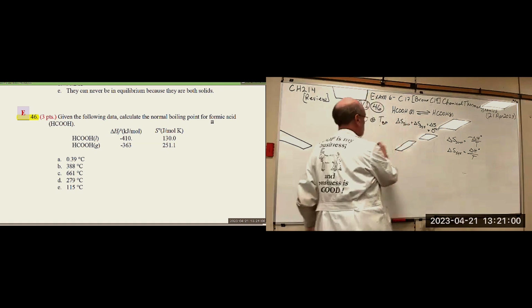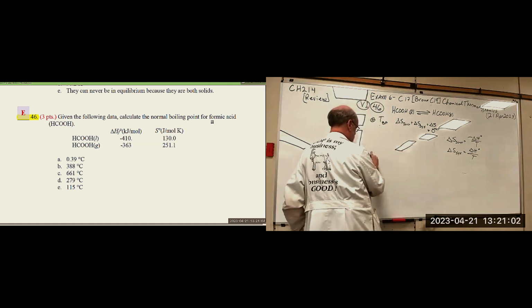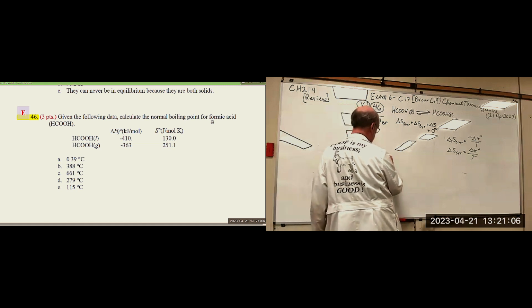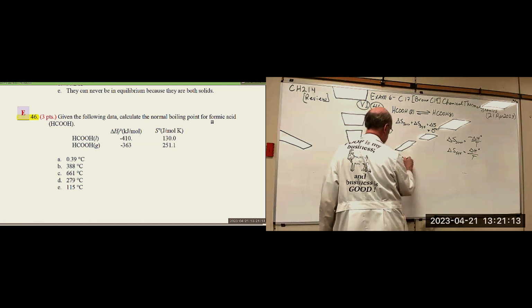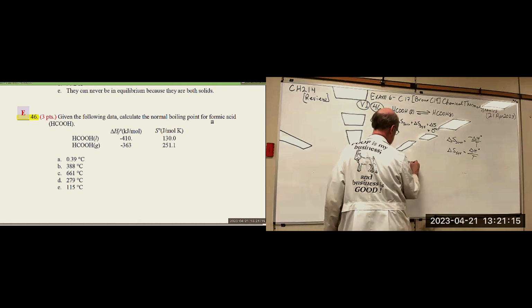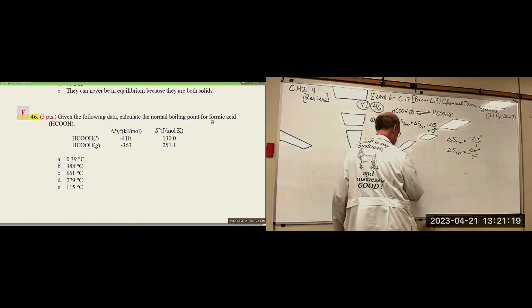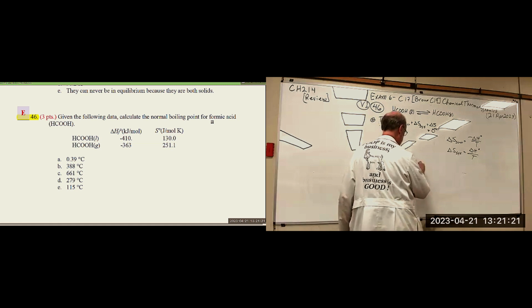Delta H for this reaction is the delta H for the products minus delta H for the reactants.